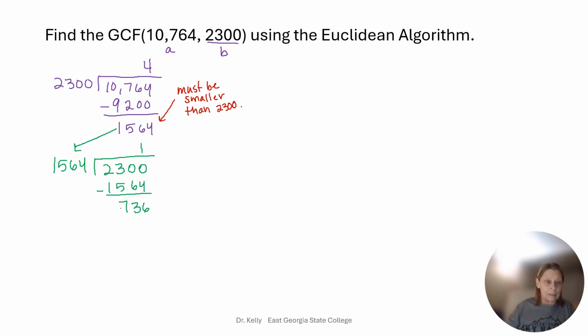Now we're going to take that 736, it becomes the divisor. So basically the remainder becomes the previous divisor. The remainder becomes the previous divisor. I'm going to write that down so I don't forget to say that.